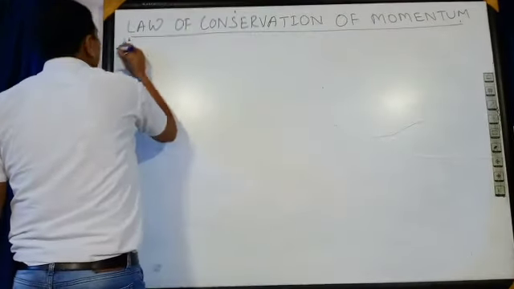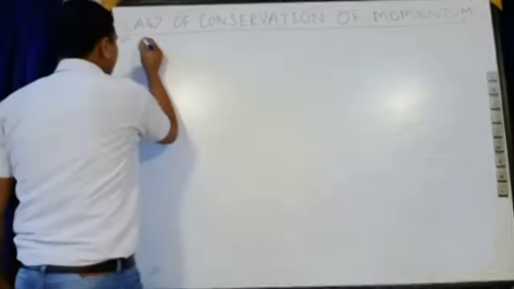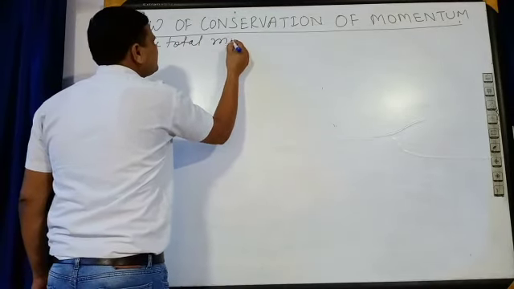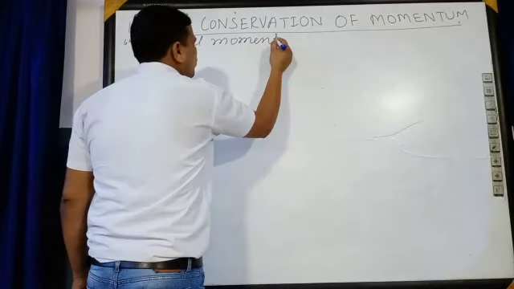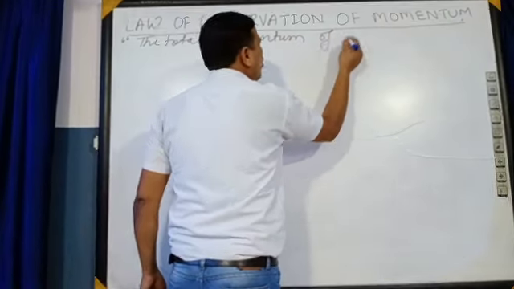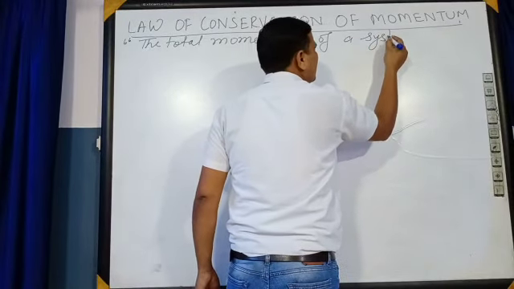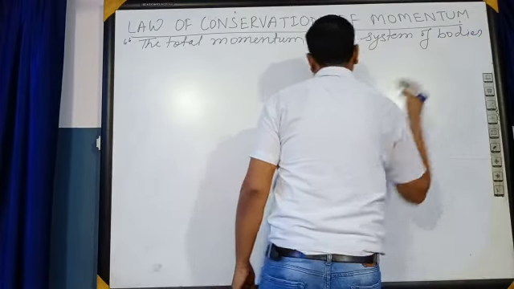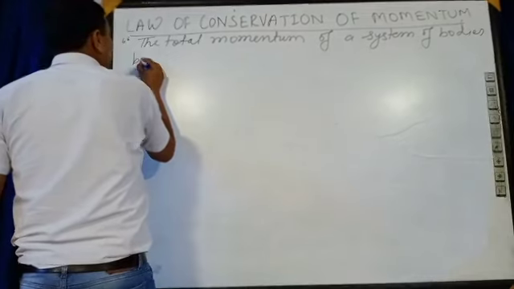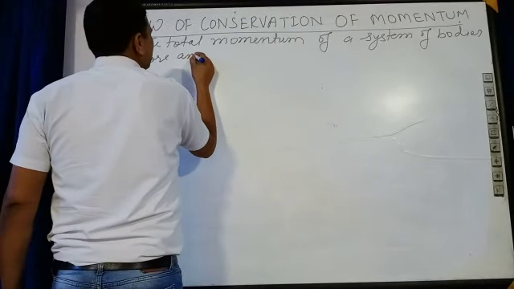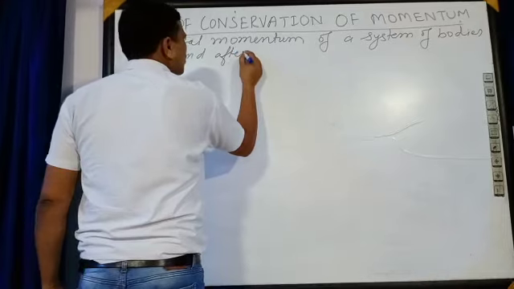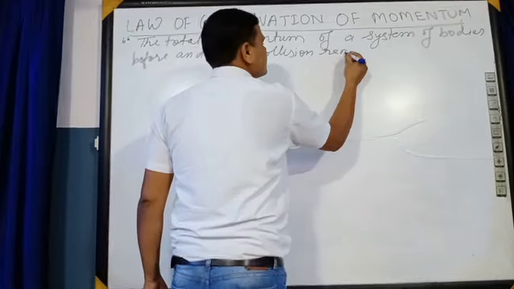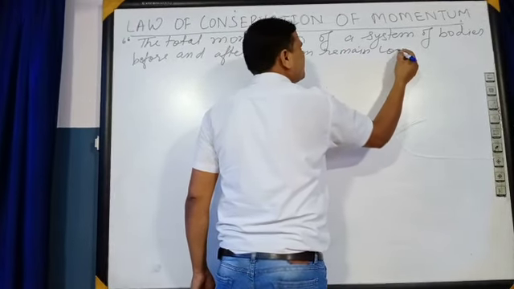According to the law of conservation of momentum, the total momentum of a system of bodies before and after collision remains conserved.